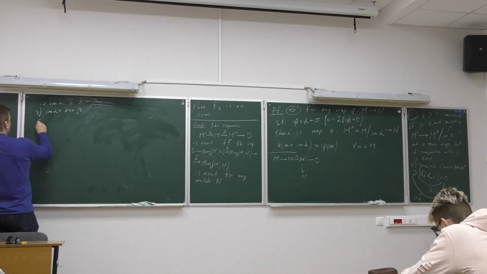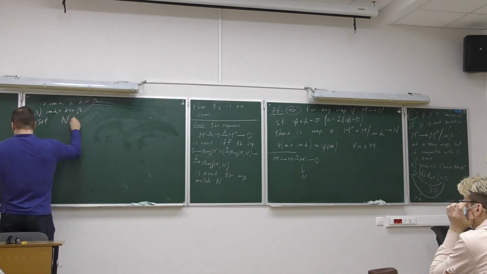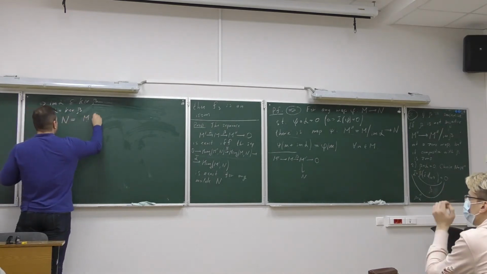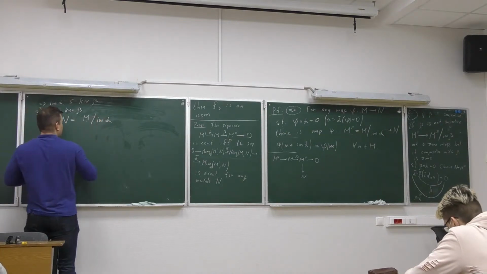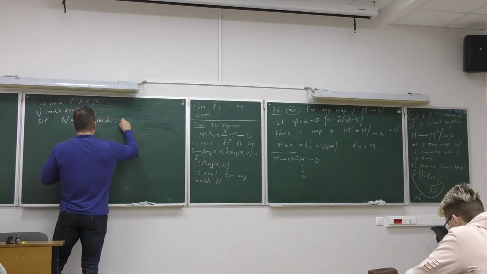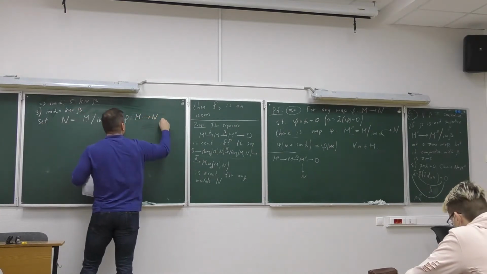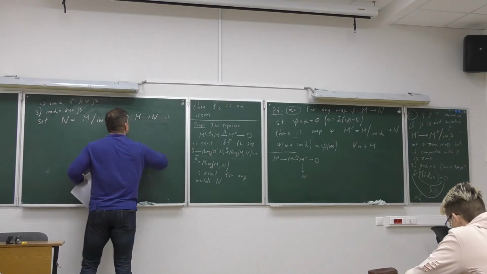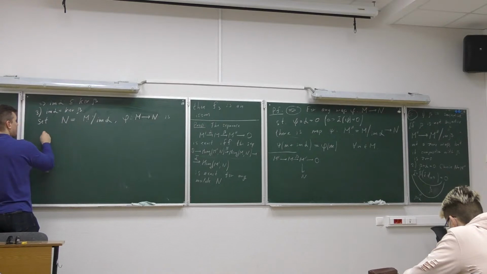Again, to do this, I need to choose a particular module. So I choose M to be the quotient of M by the image of alpha, and I want to take the map phi from M to N to be the canonical projection, or canonical surjection, onto the quotient.